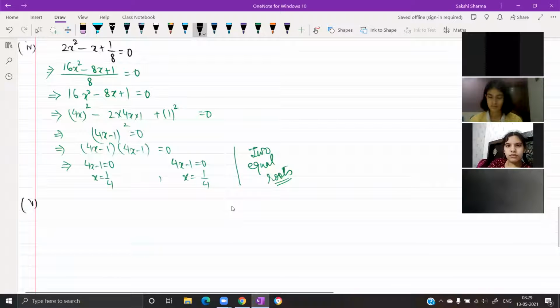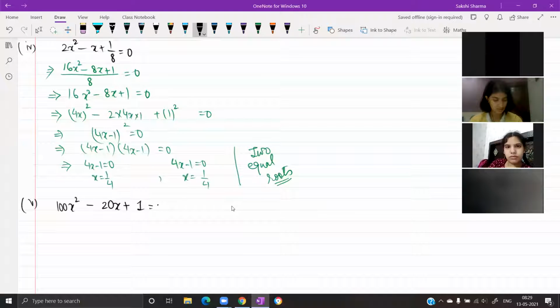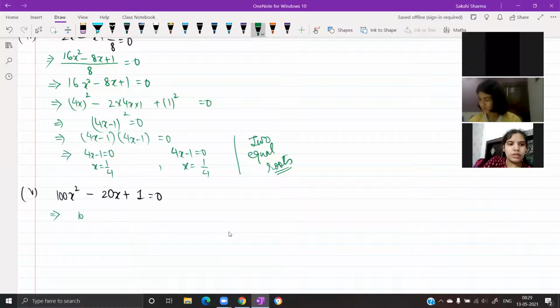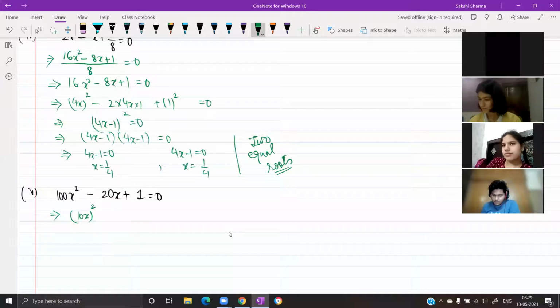Fifth part. Once again, observe if you can use an identity or you would like to split the middle term. Identity is applicable. The first term is a perfect square. The last term is also a perfect square.